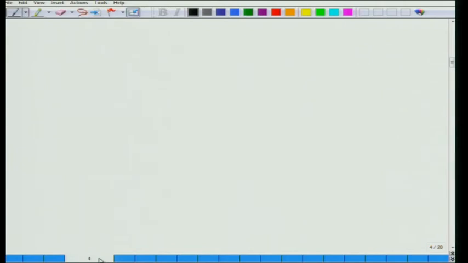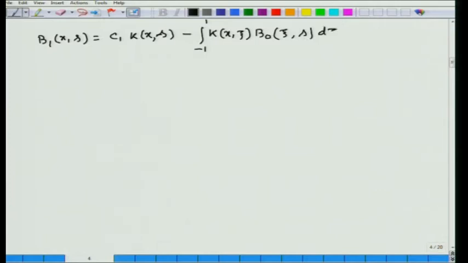Now, for B1(x, s), as per the given formula, this is C1 multiplied by k(x, s), then minus the integral from -1 to +1 of k(x, ξ) multiplied with B0(ξ, s) dξ, and C1 we have already obtained, this is equal to 2.